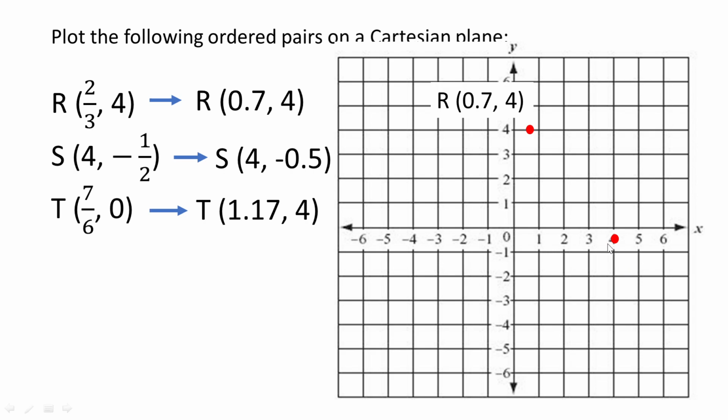So, this will be our point. Ayan. Next, for point T, as you can see, more than 1, positive, so in between 1 and 2. And of course, our y-coordinate is 4, so ibig sabihin in between 1 and 2 and move up hanggang sa point 4 of the y-coordinate. Ayan, so we have that point T.